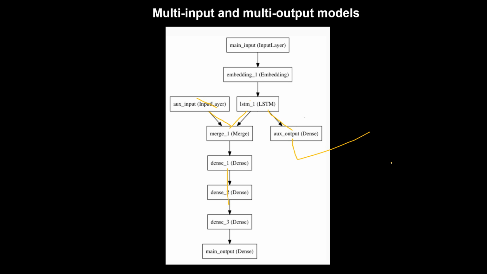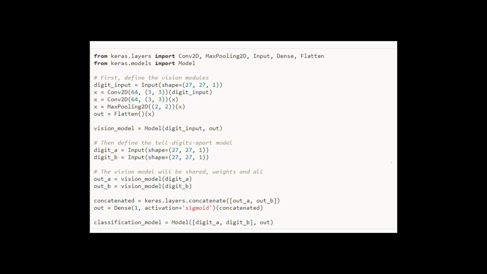So you can see all types of complex models we can define using this functional API. That was just for a fully connected network, and this is one example showing a convolution network in this functional API. You define the input shape, you define the convolution layer and give the input to it, and then we give this layer as input to the next layer, and we define this as a convolution layer.